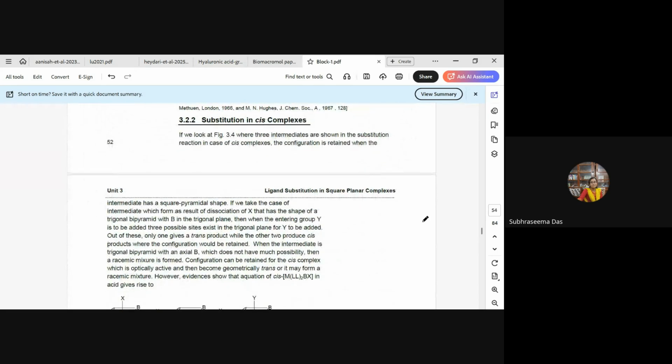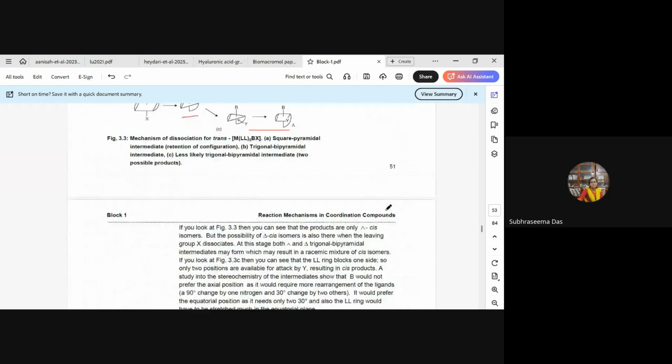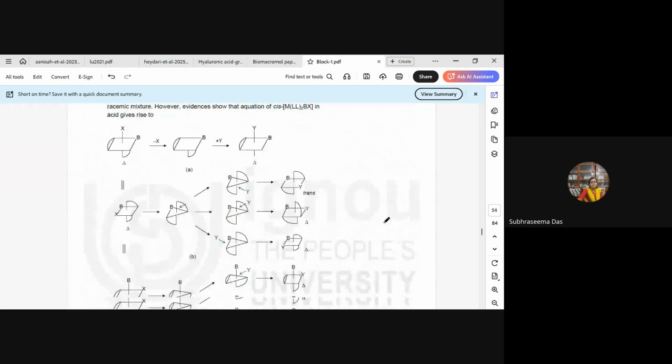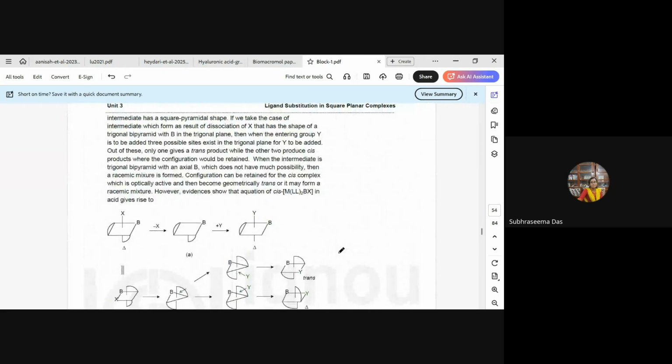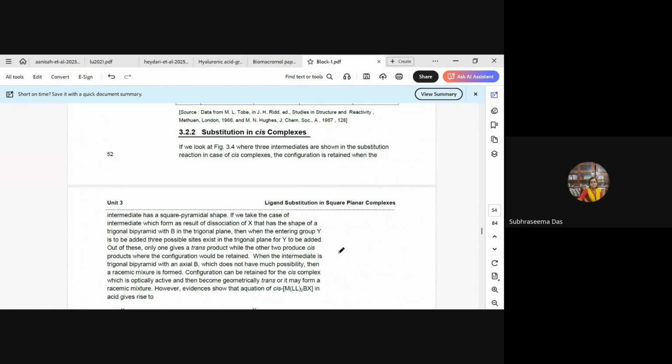Then substitution in cis complexes. If we look into figure 3.4, this is the substitution reaction. Three intermediates have been shown in the substitution reaction of cis complexes.